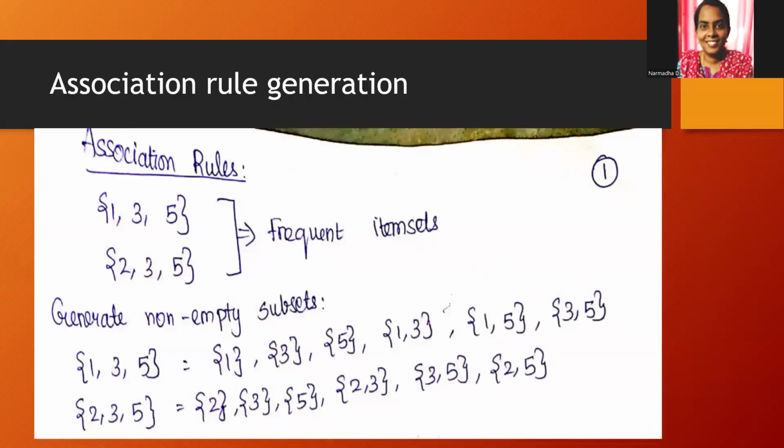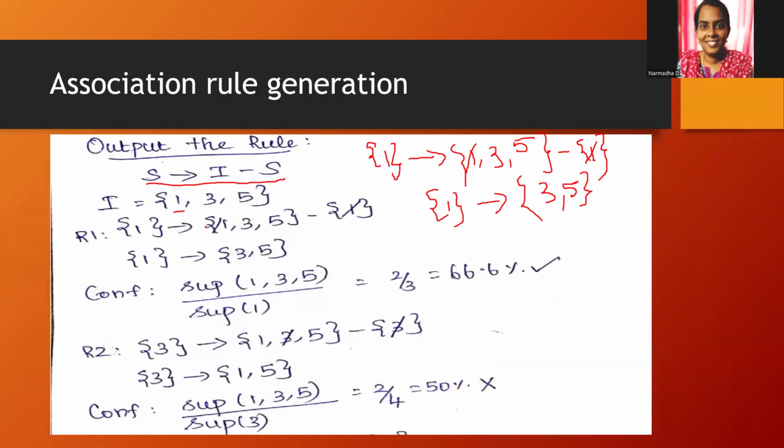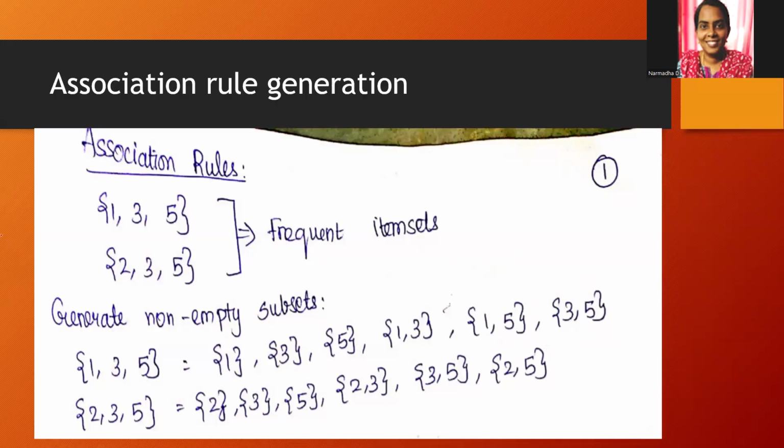These are all the frequent item sets and these are all the non-empty subsets that we got from the frequent item sets. We are going to apply the rule S derives I minus S. What is I here? This is your I, and these are all your subsets, for each and every item set.